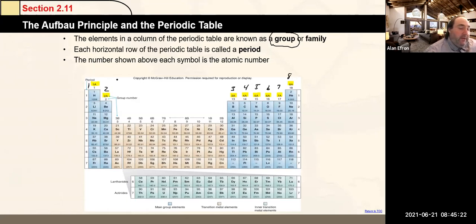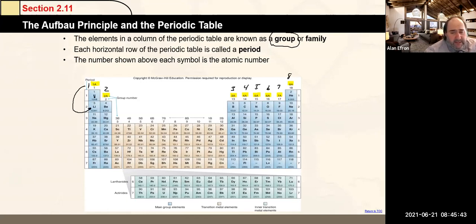Also, a really important note is that group 1, coming down here, actually starts with lithium. Lithium is group 1. Hydrogen, even though it's sitting there on every single periodic table you ever see, is actually not part of group 1.